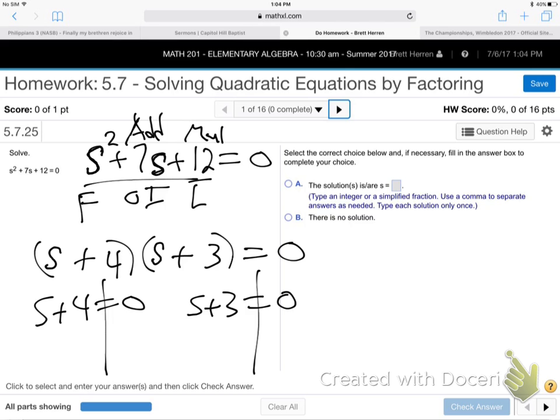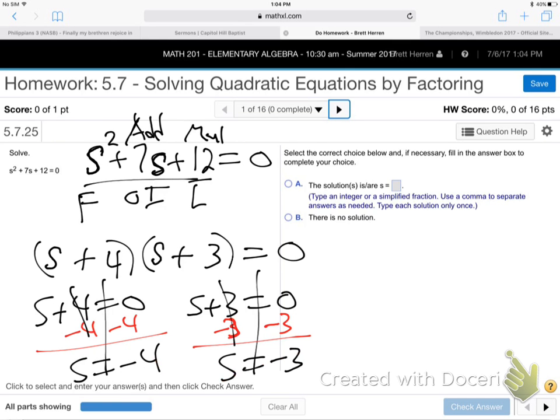Just subtract the 4, right? And here you subtract the 3. And what do we got? s equals negative 4. s equals negative 3. And that's it.